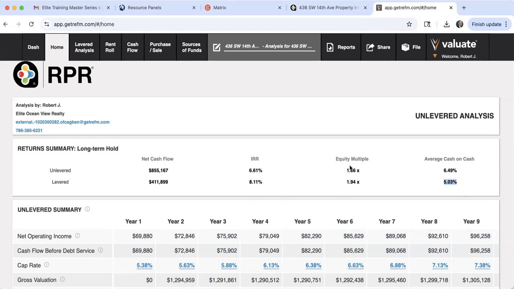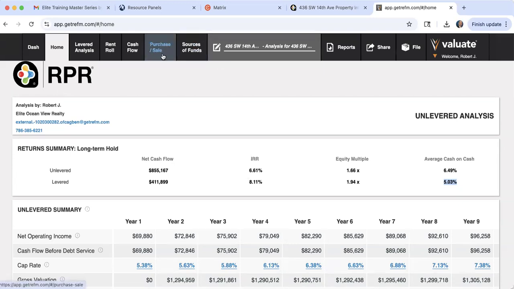So you want to stay in the positive when it comes to cash on cash, so you can truly realize a profit and have the investment pay for itself, right? The investment's going to pay for itself. Obviously, the buyer needed to come up with 30% down, and then qualify for a loan at 6.5% in order to make this work.